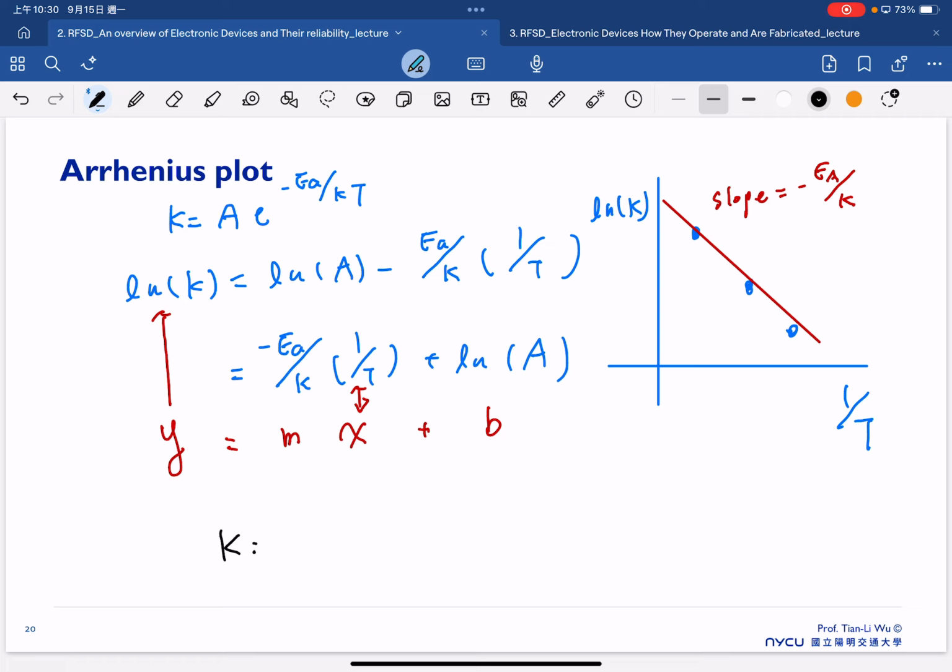So k can be the threshold voltage shift, the IG increase, or any factor for which you want to see the temperature dependency of the acceleration rate. That's why the Arrhenius plot is very powerful.